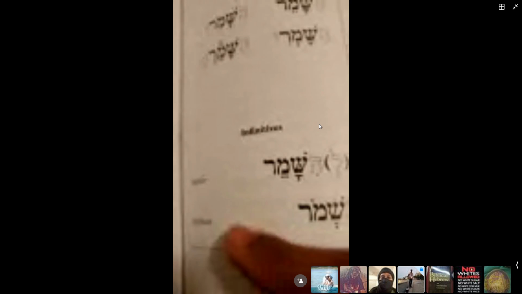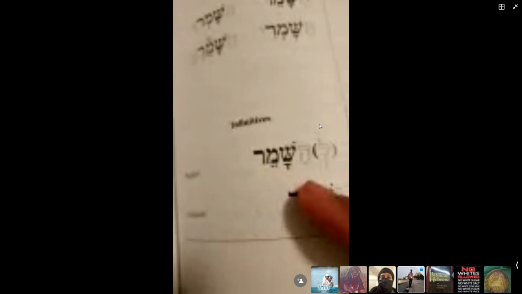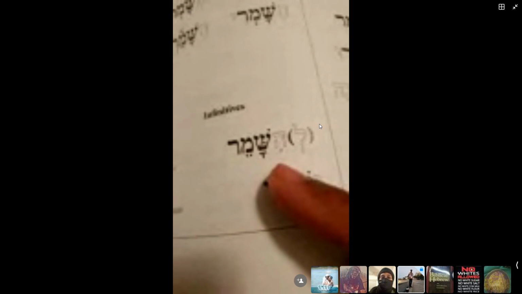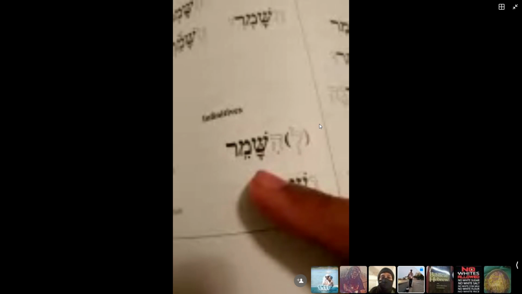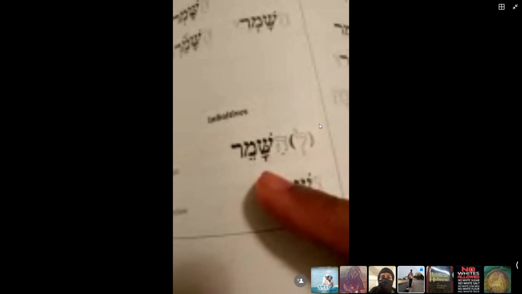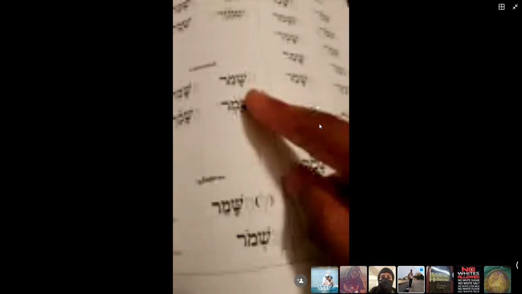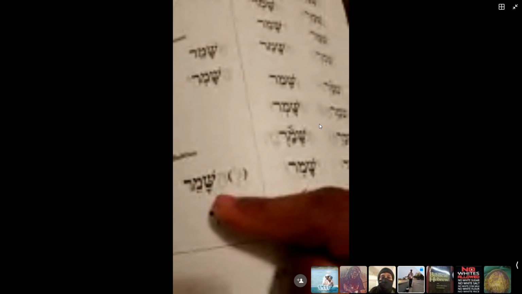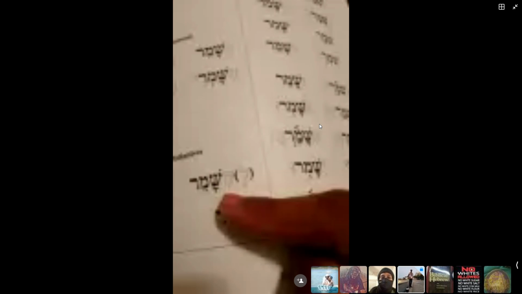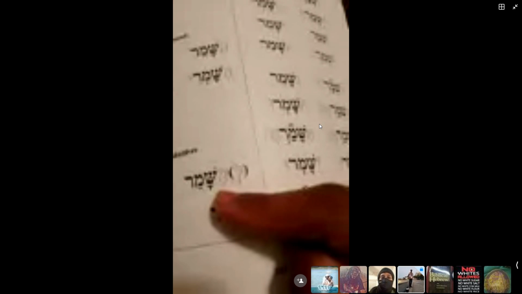So let's look here at our regular infinitive. Here we have Hishamir. So this literally is just like your command form. And one thing that also takes place is that in the infinitive form, you'll notice in Binyanim after Pa'al, they all use the hey.